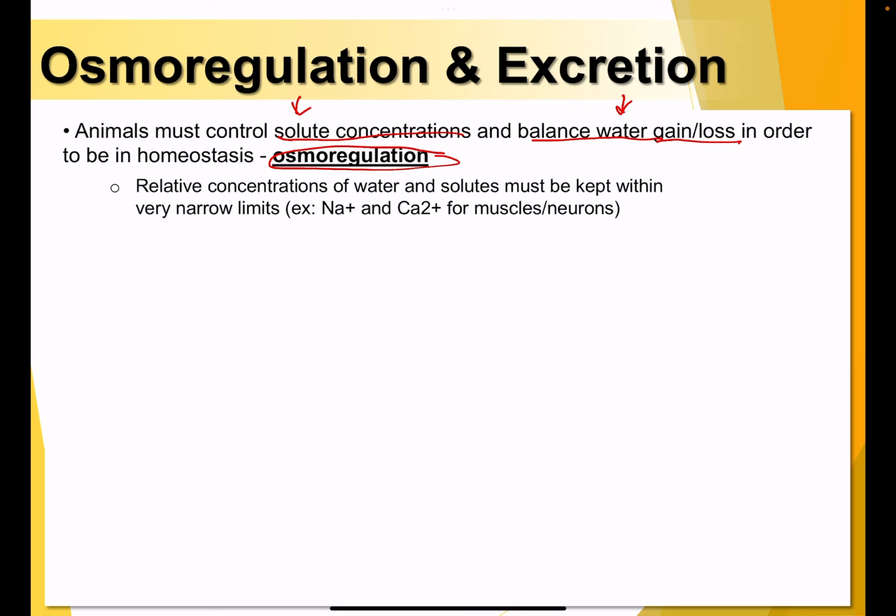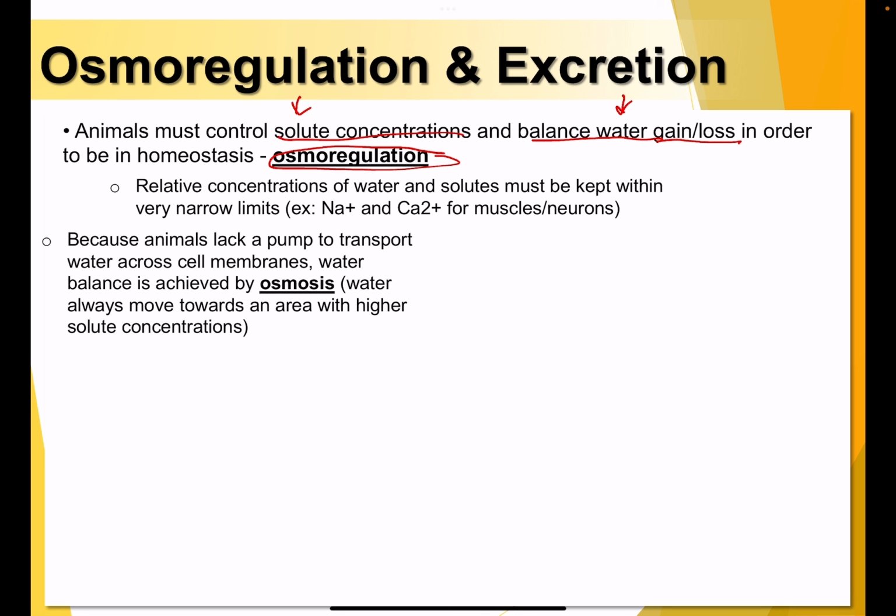If you go over or under on calcium, you can end up with muscle paralysis or overactive muscles, overactive neurons, neurons that are not responsive, etc. So everything in your body, as I've kept mentioning since we started the organ system units, is by homeostasis. You have to have everything in balance.